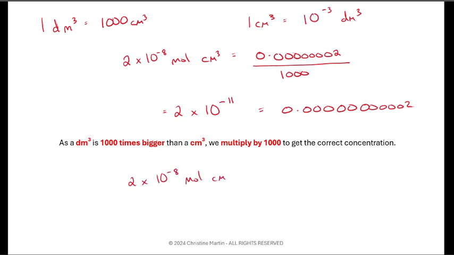So our 2 times 10 to the minus 8 moles per centimeter cubed times 1,000, now we can see that that is 1,000 times bigger, which is 2 times 10 to the minus 5.